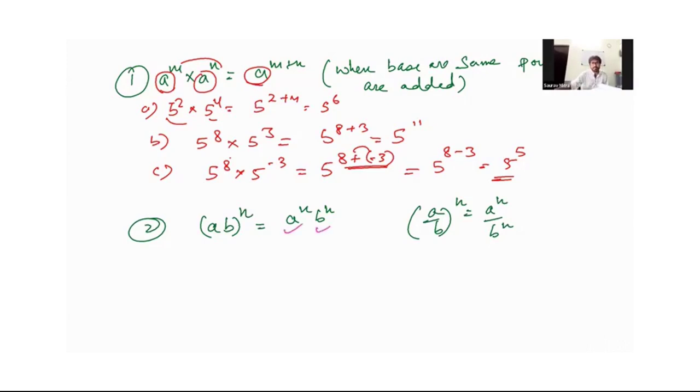Just split the powers, give the power to each term. In both the multiplication case and the division case, we do it like this. Also remember here b is not equal to 0. It's like if you have 3 by 11 to the power n, 3 by 11 to the power 4.